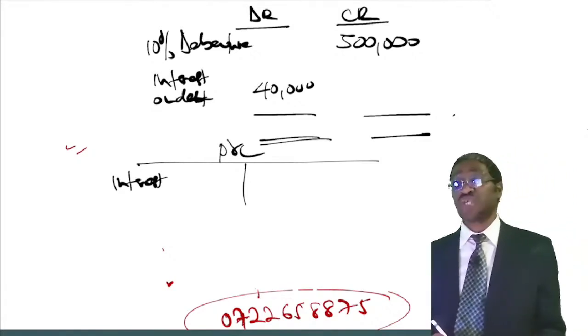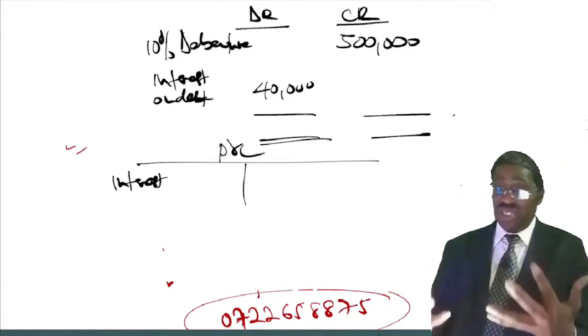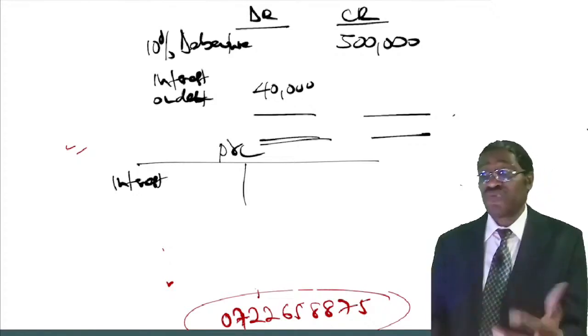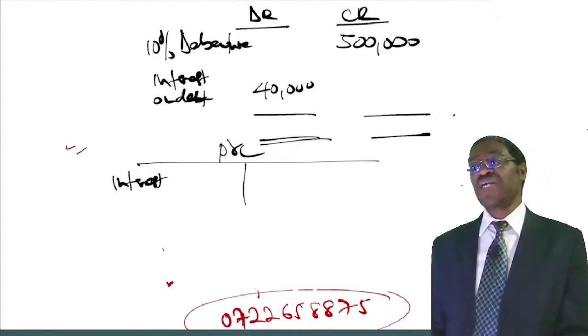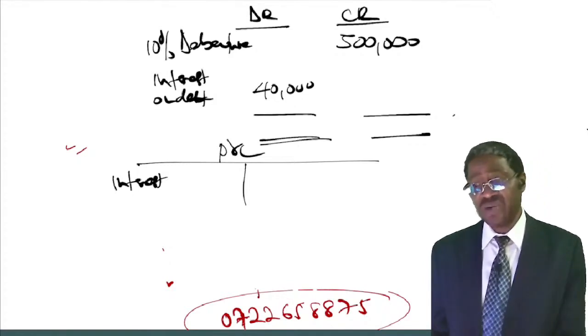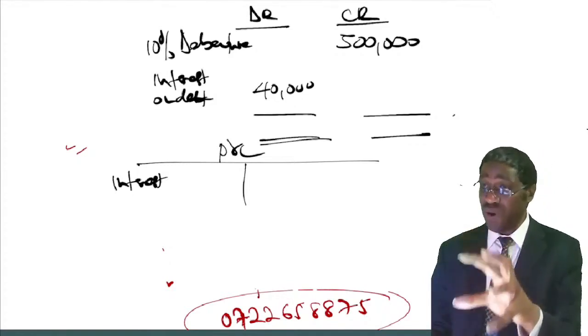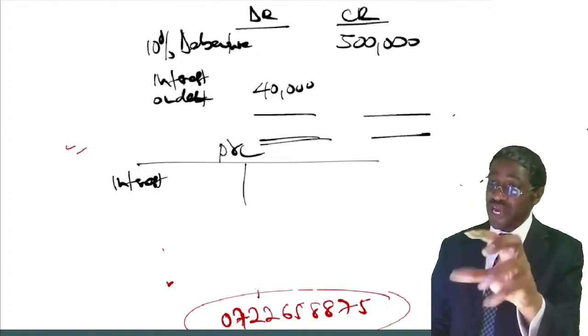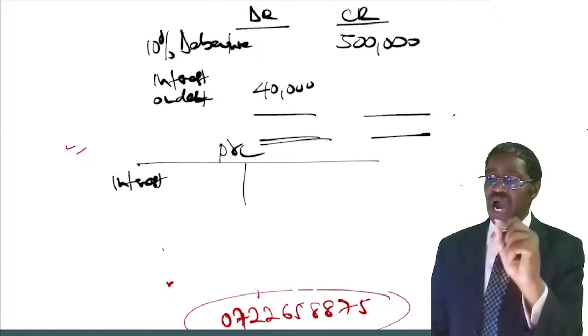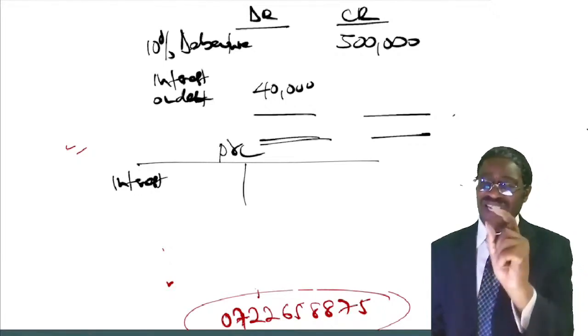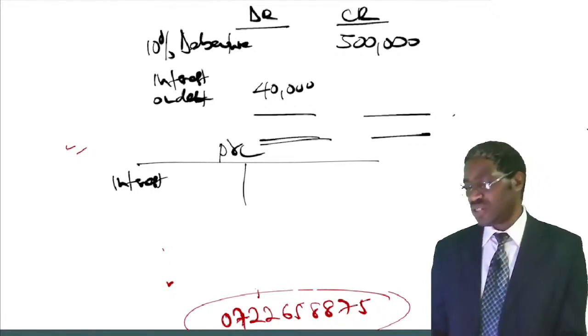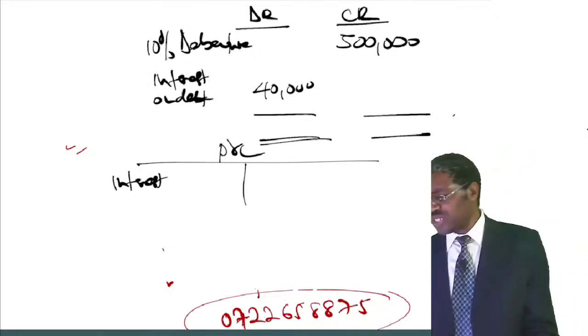How much were you charging as interest whenever you're given a trial balance of this nature? Somebody chat and tell me.